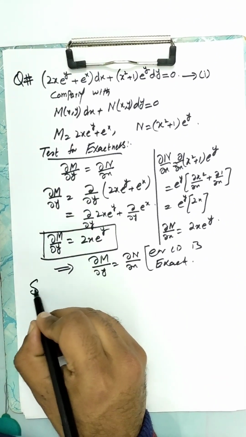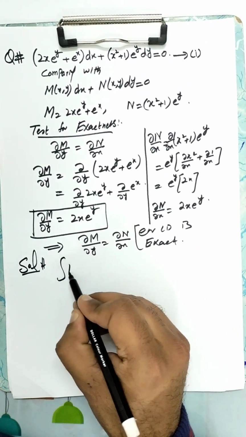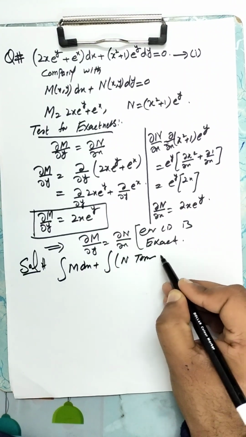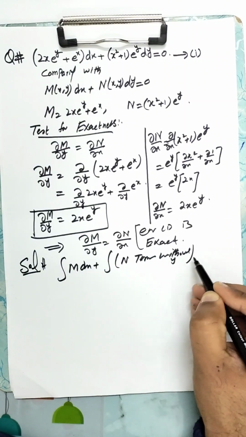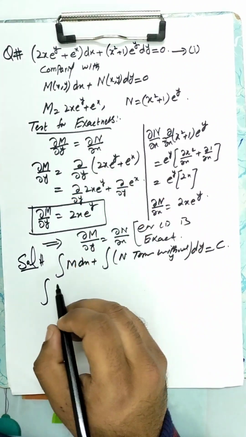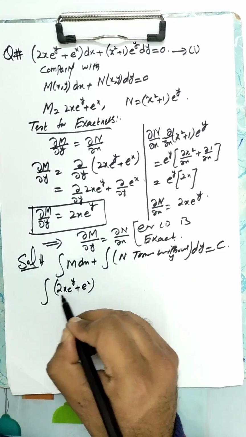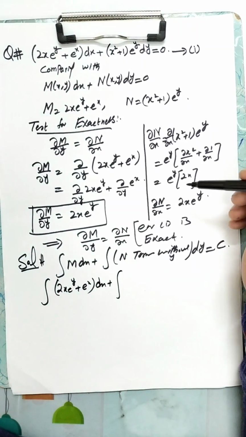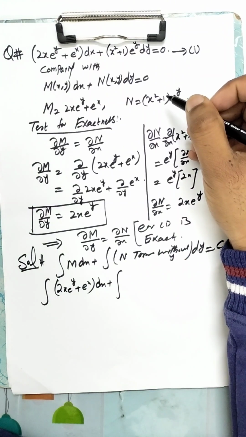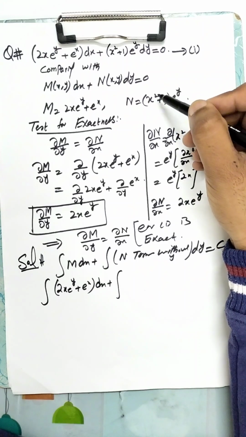Now we find its solution. We simply put in the formula: integral of M dx plus integral of the terms of N without x, dy, is equal to c. So what is M? M is 2x e raised to power y plus e raised to power x dx, and we want to write the N, but we don't take the terms with x.